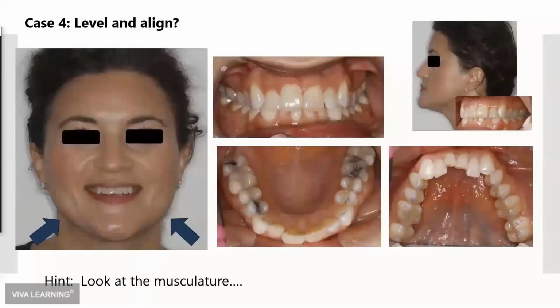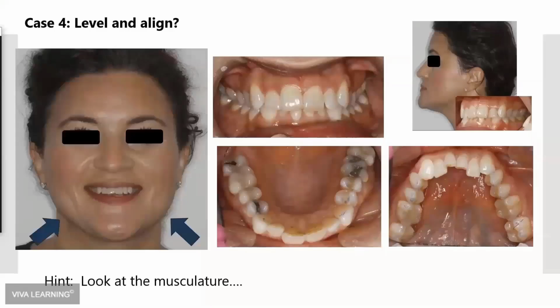This is case 4, doctors requested level and align. Obviously very limited instruction, but if you look at the patient, he has very retroclined lower incisors due to the class 3 skeletal tendency that the patient is presenting. So alignment of the lower anterior segment will immediately collide with the upper arch.